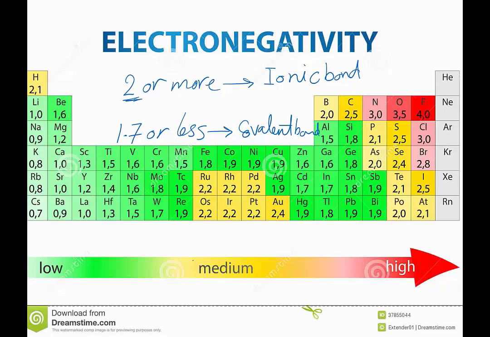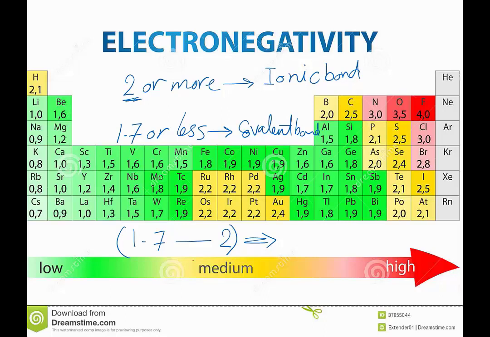What if the difference is in between, from 1.7 up to 2? In this case, if the difference is 1.7 or more and less than 2, we cannot say the compound is ionic or covalent. Sometimes it tends to be more ionic, and sometimes more covalent.